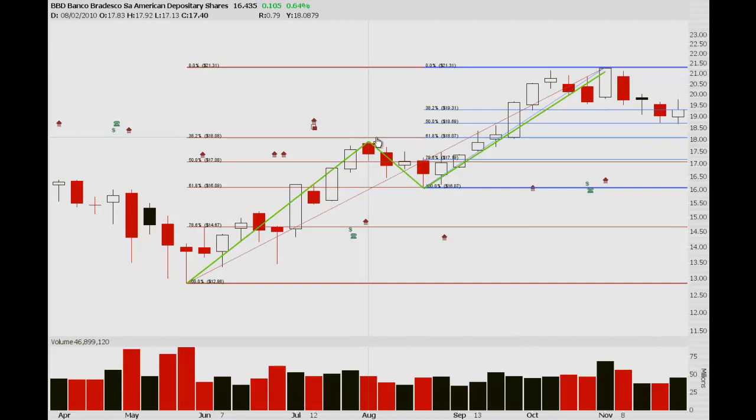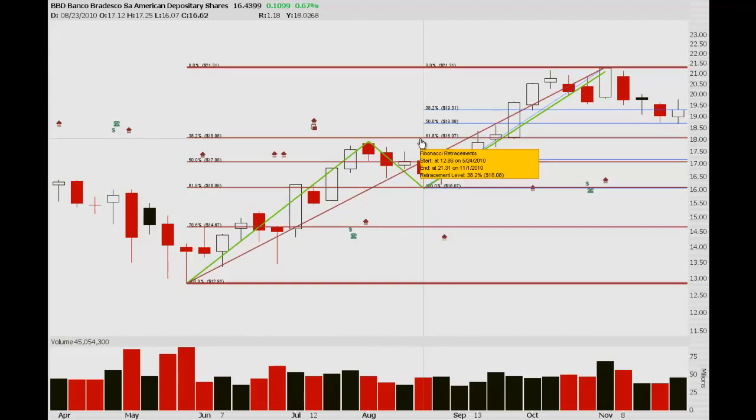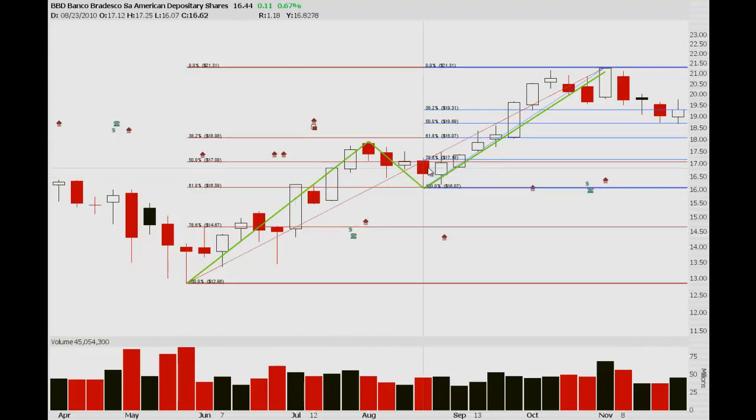The second level we would look at for support, or maybe a stop if you got a reversal candle or some kind of trigger to enter a long trade here, is where the 50% of the large move coincides with the 786 of the previous move. So we have two levels that give a good indication that this is where support's going to hold when this thing starts to pull back.